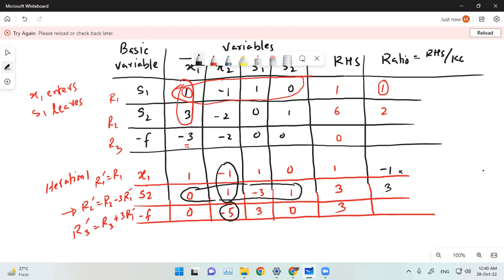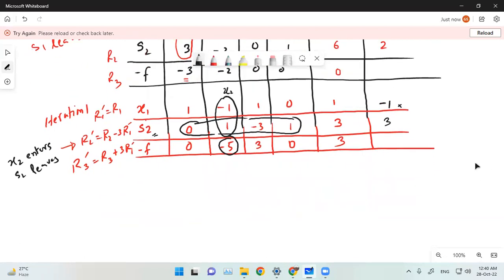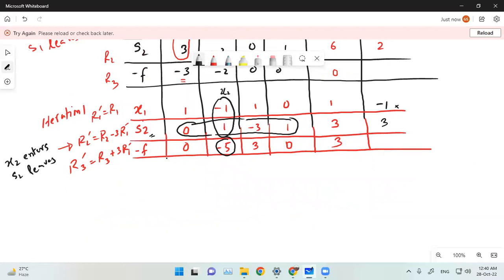And now which one is entering? So we can conclude that X2 is entering. This is actually X2. And S2 is leaving. So X2 enters and S2 leaves. So very quickly, try to extend this table a bit. We can write the iteration here if you want.